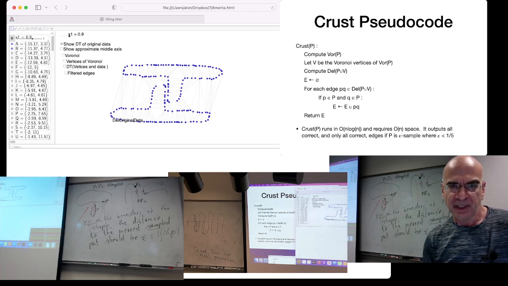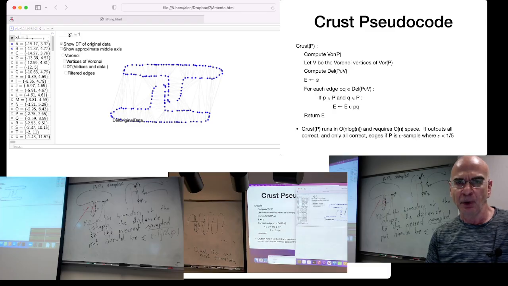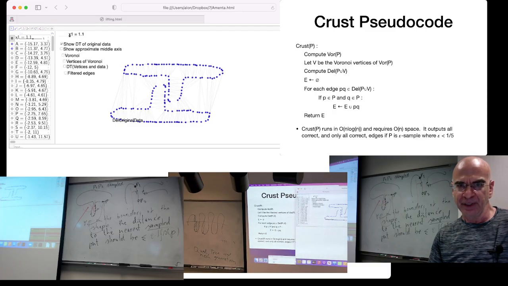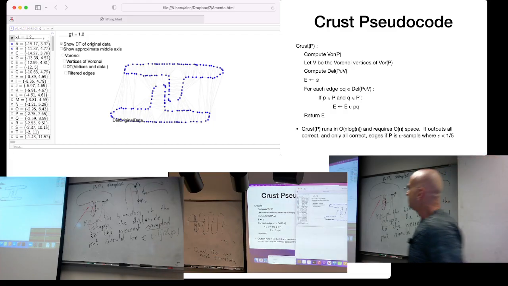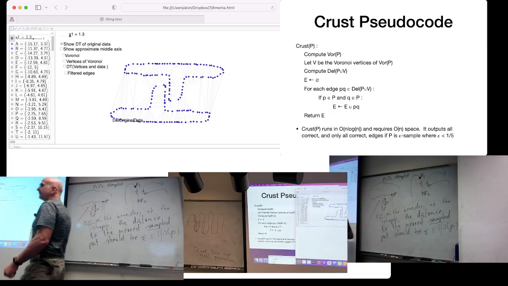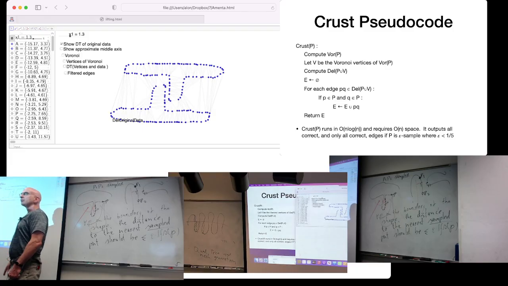Okay, that was vague hand waving, but that's the intuition for one side of the theorem about sufficient sampling, the equivalent of the local feature size. So far we're just believing that the Delaunay edges contain all the edges of the boundary, but also contain a lot of noise.